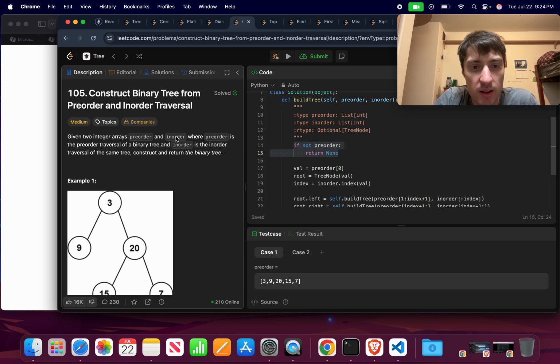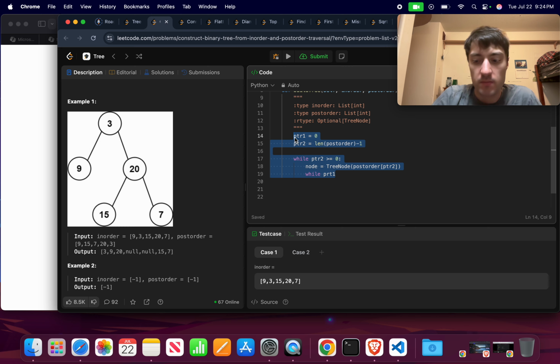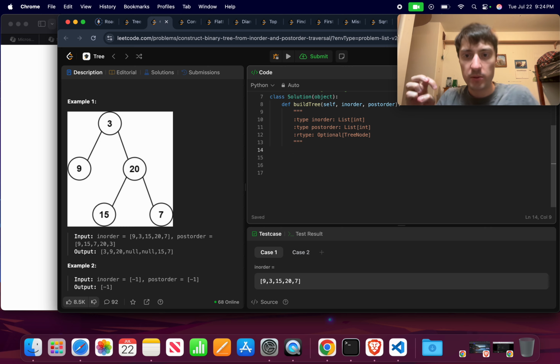Value equals pre-order. Okay, so we are using recursion, and we're indexing the arrays. So let me just put this over here. That's going to be my hint. The in order and the post order are like my arrays, okay?